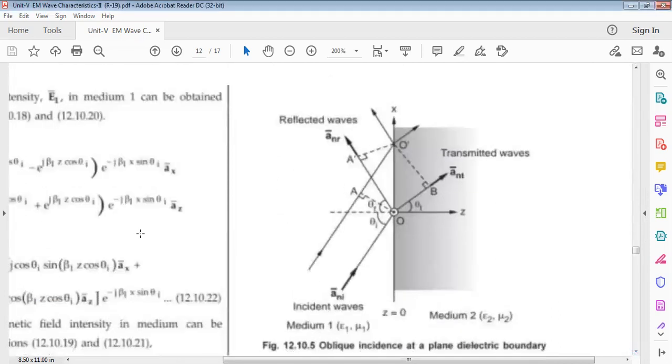Okay, let us see here. This is oblique incidence at a plane dielectric boundary.